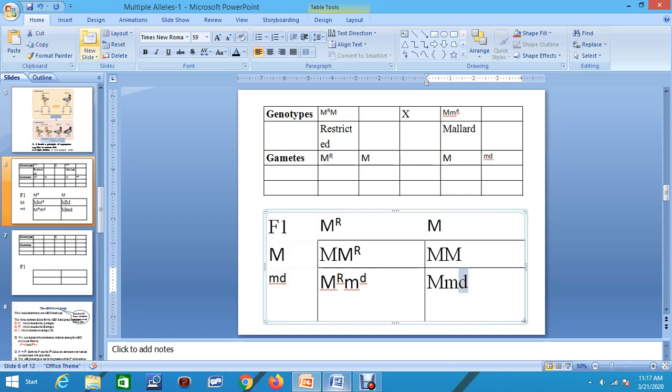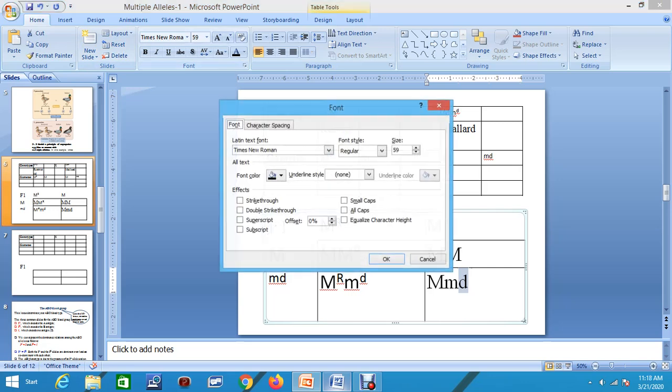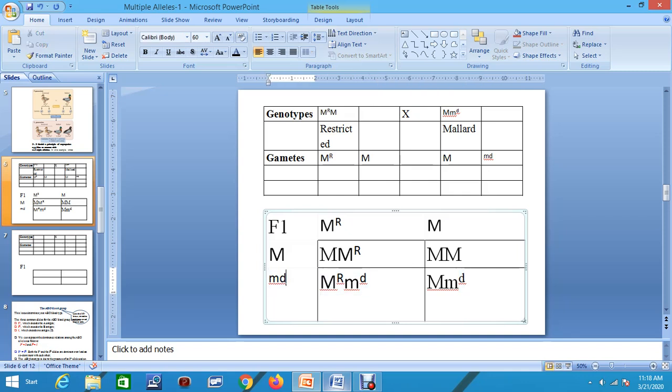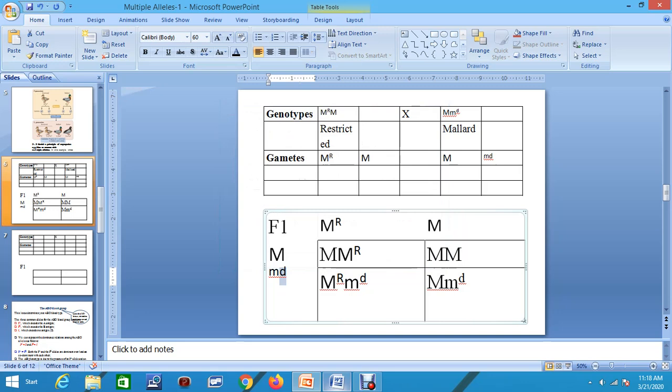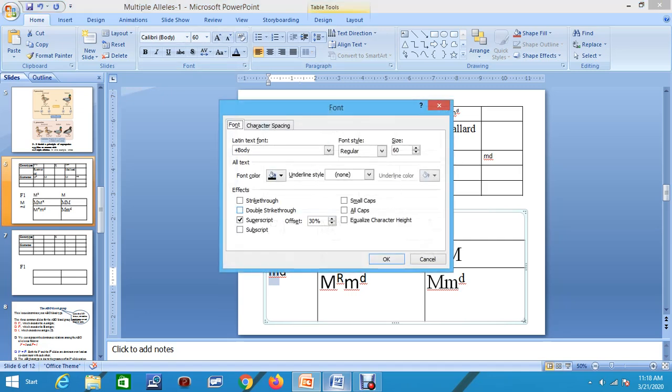So this MD again, it will be superscript, and this small MD will be a. I wish in PowerPoint they could have some direct keys for superscript or subscript. Oops. This one is not a superscript, so it will be like this one.